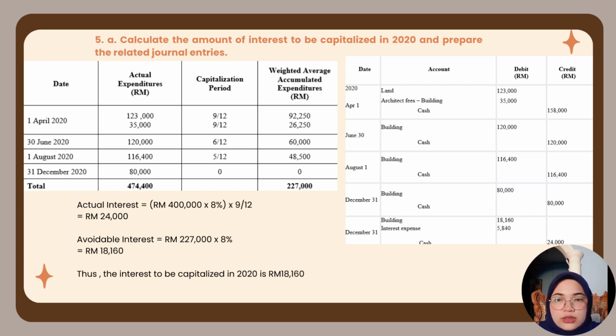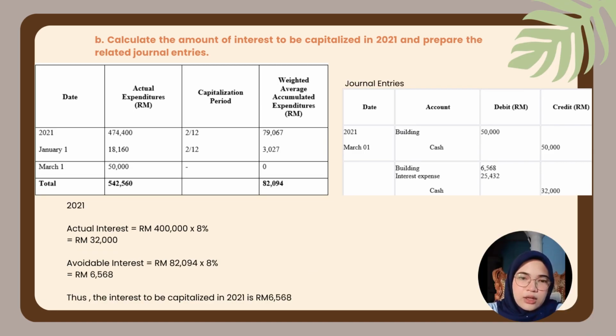First, 227,000 multiplied with 8% equals 18,160. So, the interest that is capitalized in 2020 is 18,160.